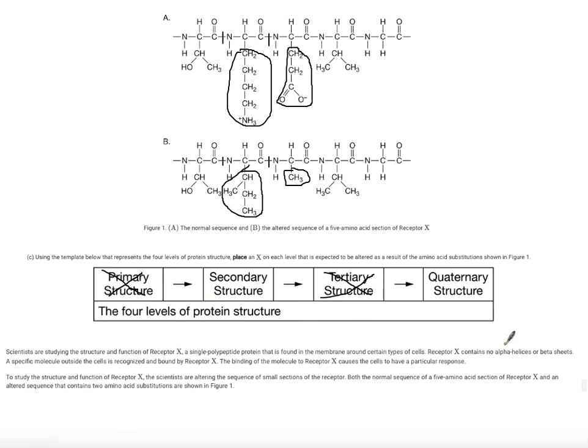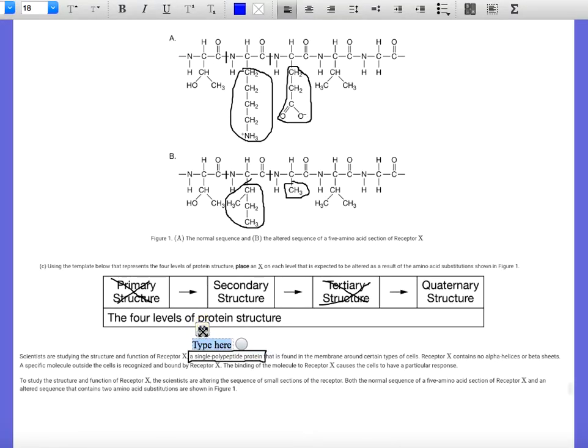But there are a couple of things in here that you need to pay attention to. One of the things it says is that receptor X is a single polypeptide protein. What that means is there is no quaternary structure, because quaternary structure is more than one polypeptide coming together to make a protein. It's common, like hemoglobin has 4 polypeptides, but some proteins do not have quaternary structure.